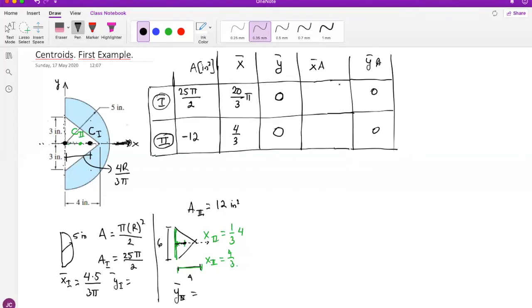Yeah, you're right, because you are just multiplying the y, which is the coordinate for y for each one of those areas, times the area of each one of those areas. So now you have 0 and you have 0. The area is not 0, but the y is 0. Now let's put this in the right way.